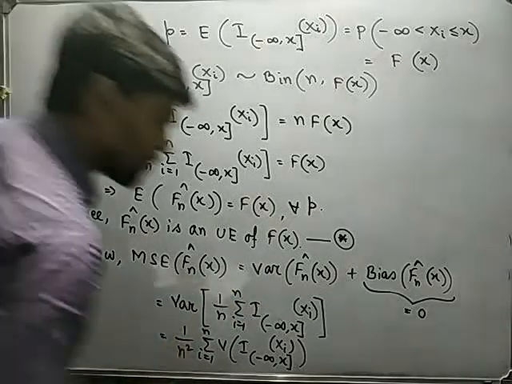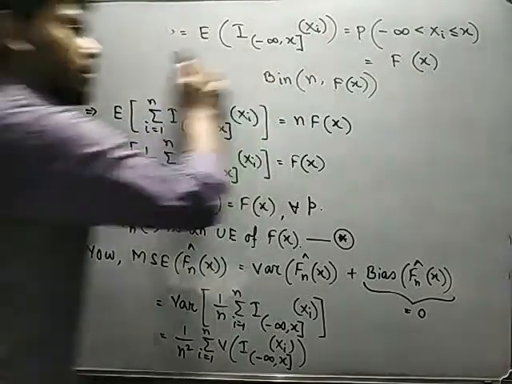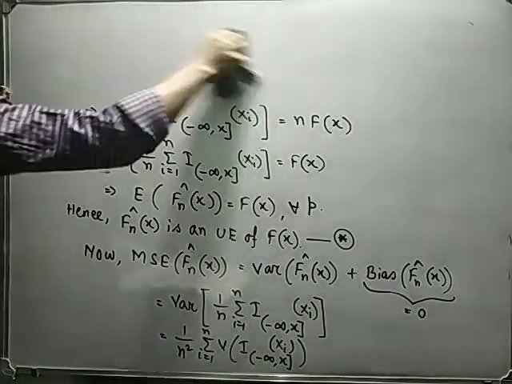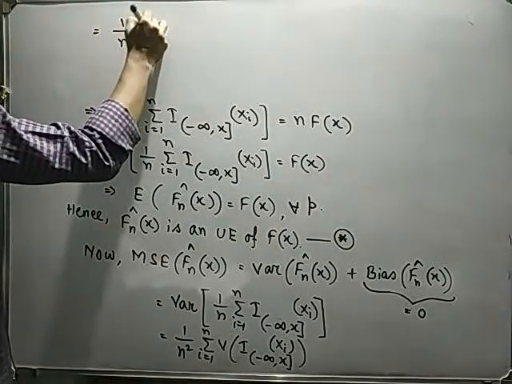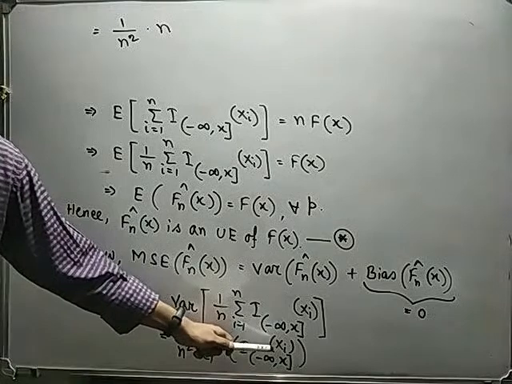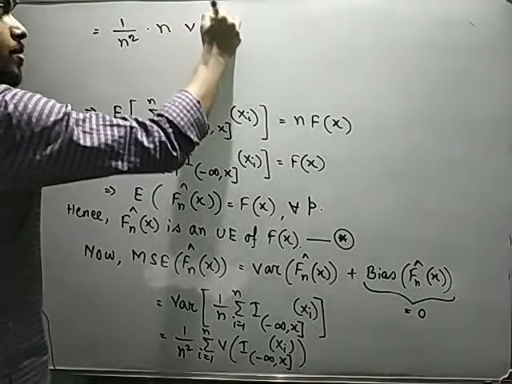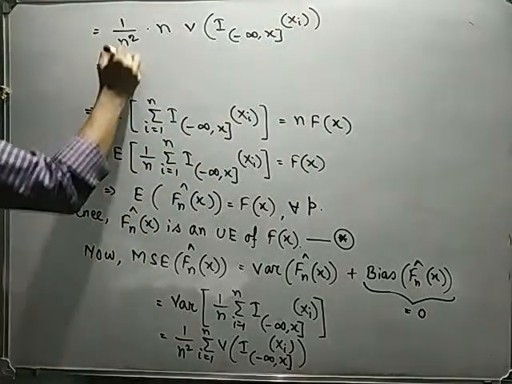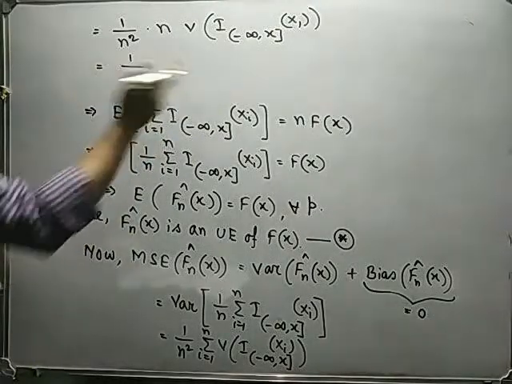So it would be 1/n squared times, as all the Xi's are IID, n times the variance of the indicator applied to Xi, or you can write X1, as all are IID. If you write Xi or X1, that doesn't matter.